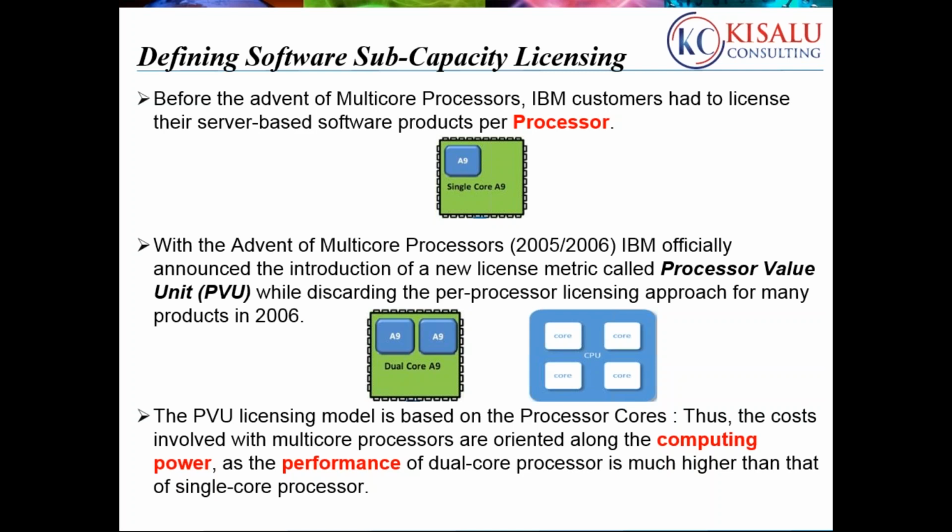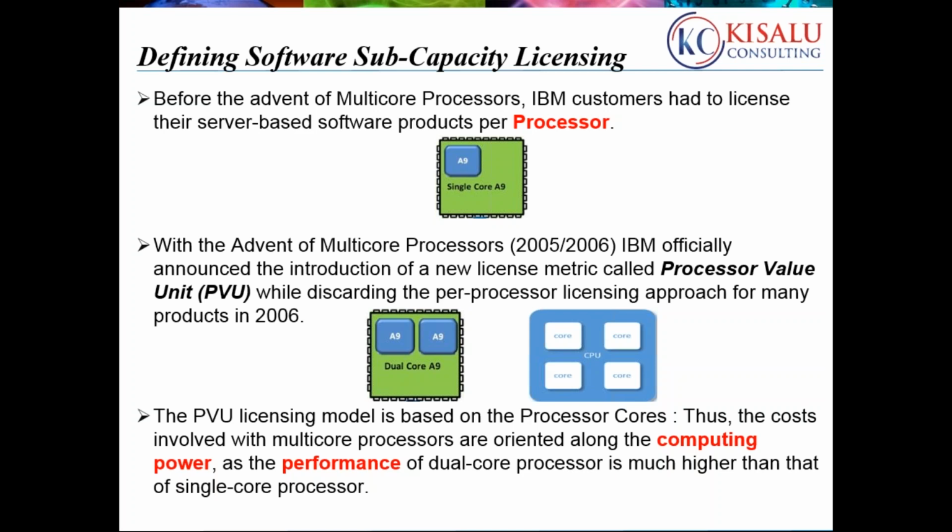You can see now there is in the market in 2005 and 2006, whereby from one chip they could create dual cores, dual processors into one, or even more. Now you can have quad cores in one chip or even more. So those advances imposed changes on how IBM was to license the product.